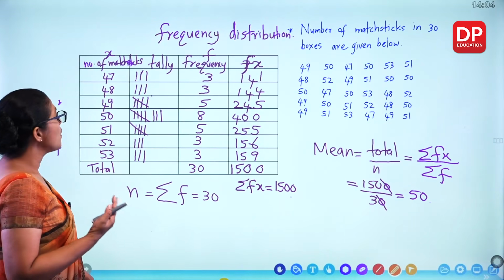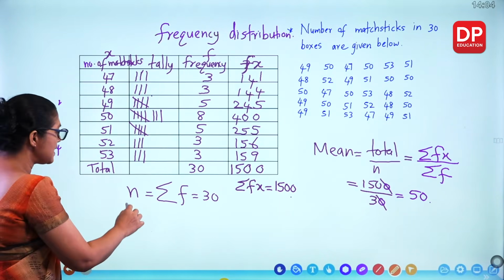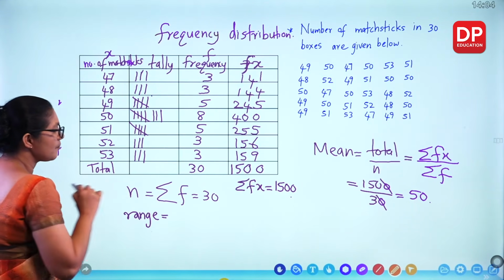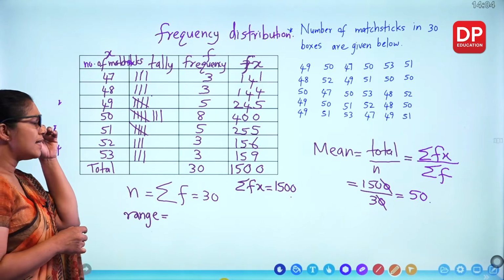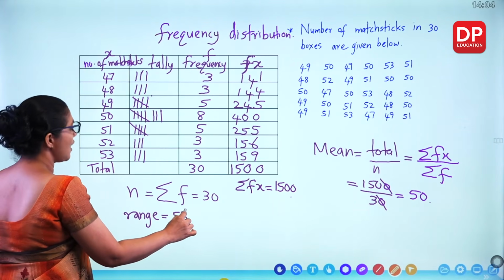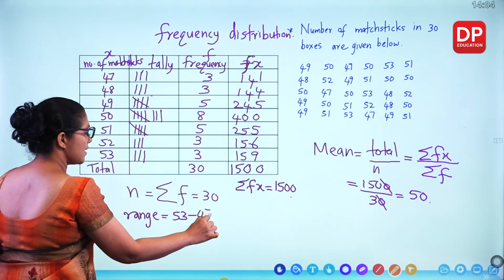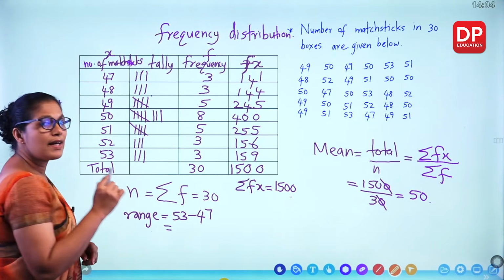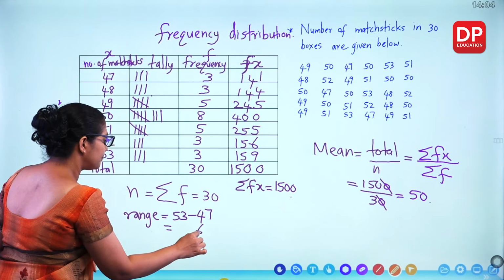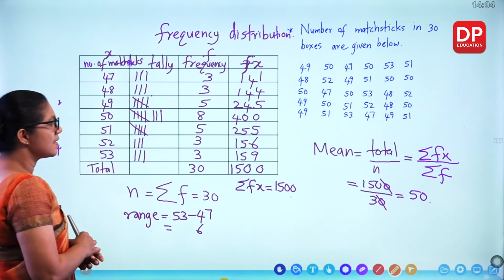Then if I ask what's the range of this data set, how can we find out the range? Highest value minus the lowest value. Highest value is 53, lowest value is 47. When you subtract, you get the range. So range is 6.